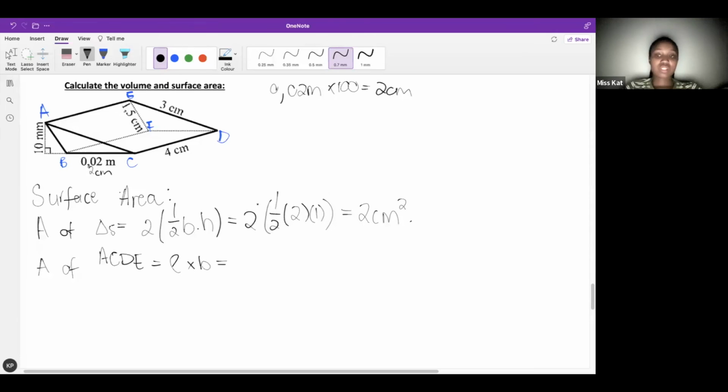It's this one in front. Thank you. 4 times 3, which is 12 centimeters squared. Okay, and then area of, let's do this one, the one that's on the side here. That is ABFE.